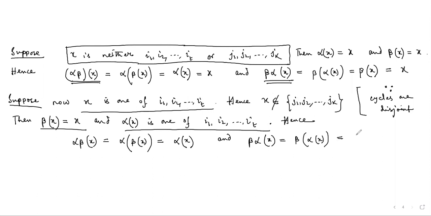So beta alpha X will be equal to alpha X. Why? Since alpha X does not belong to J1, J2, ..., JK.